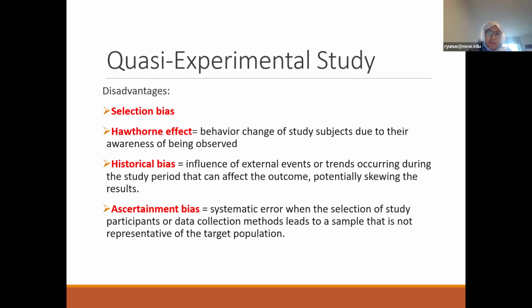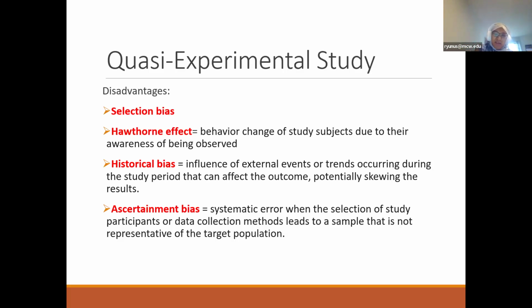This historical bias, I mean, it can happen in different study designs, but if you compare RCT to quasi-experimental, historical bias is more likely to happen in a quasi-experimental study because of external events, right? The influence of what is external to the study or whatever trends are happening during the study period. And it's very difficult to control that.